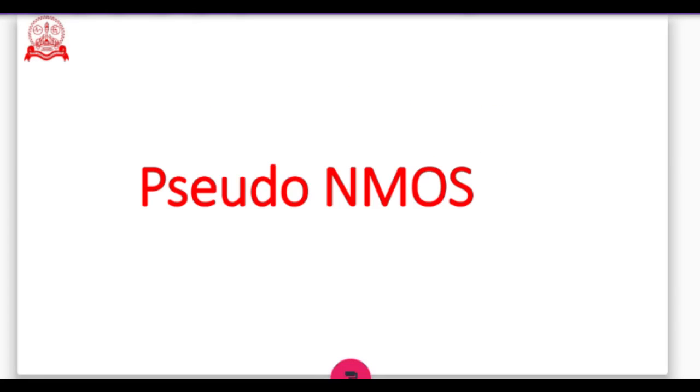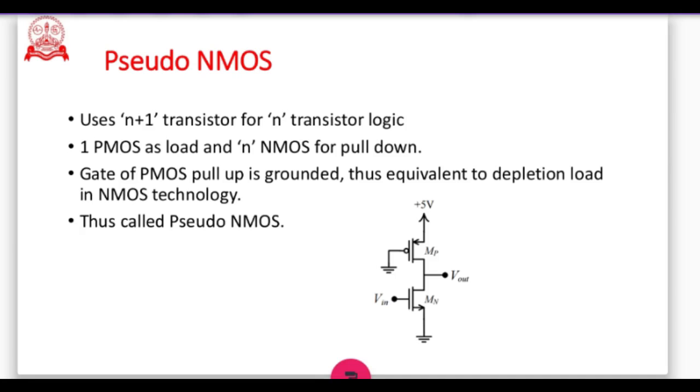Now we will discuss pseudo NMOS logic. In pseudo NMOS, to implement a logic of n transistors, we will be using n plus 1 transistors. That is, we use one PMOS as load and n NMOS for the pull down part. Here the gate of the PMOS, that is the pull up part, is grounded, and it is considered equivalent to the depletion load in NMOS technology.